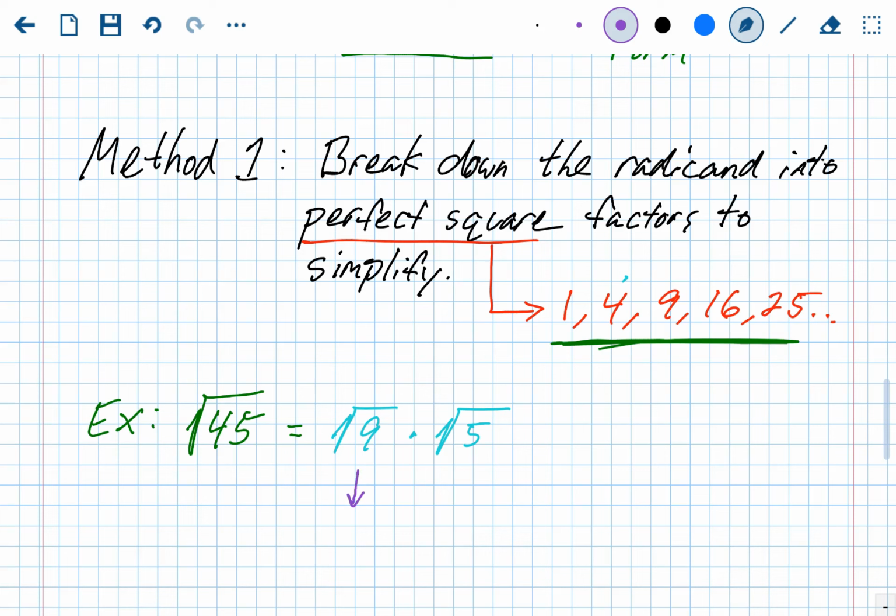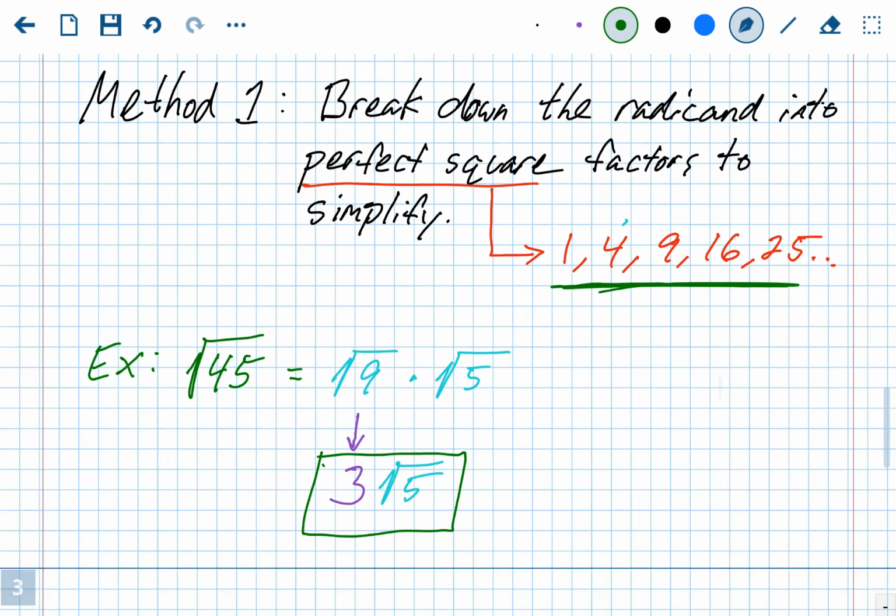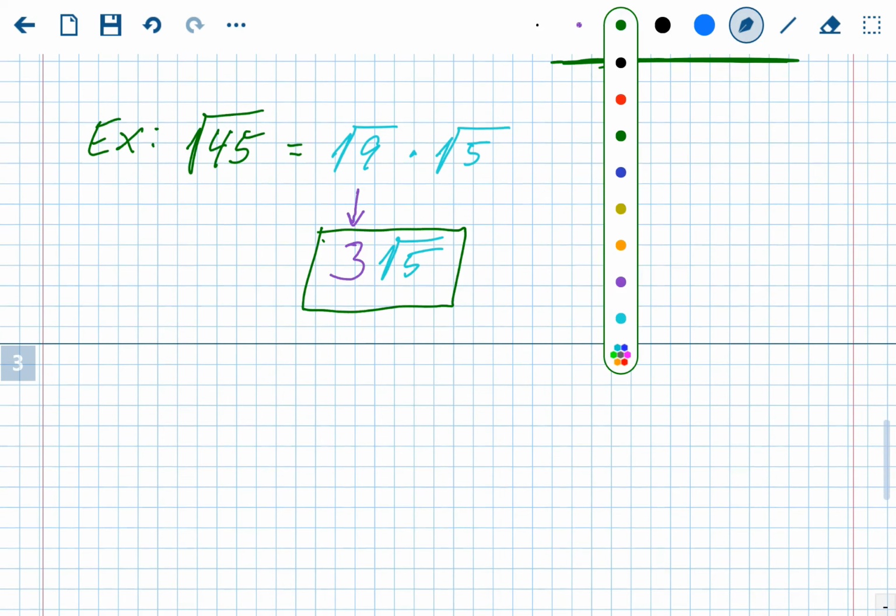The square root of 9 is 3. So our simplified answer, instead of the square root of 9 times the square root of 5, we'll write as 3 times the square root of 5. And that is your simplified form. So it's just as easy as going through your list of perfect squares and figuring out which ones also go into that number. Let's look at another one.